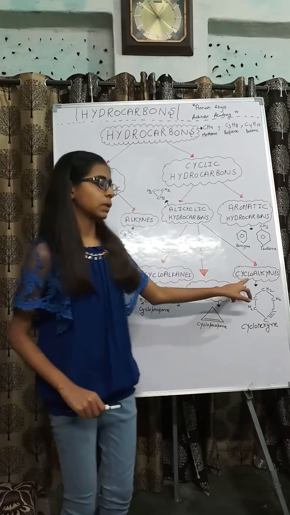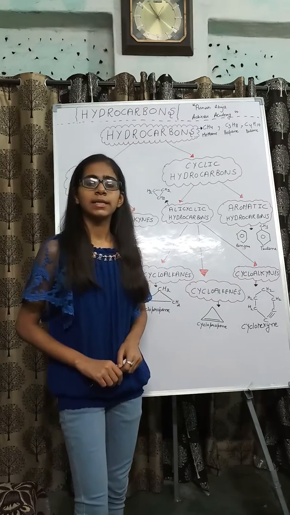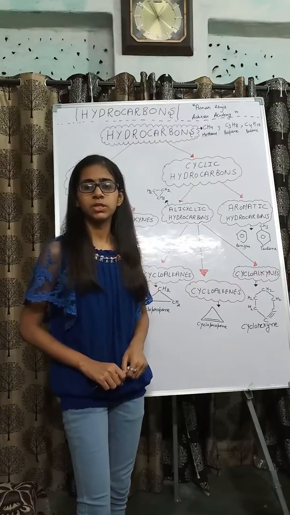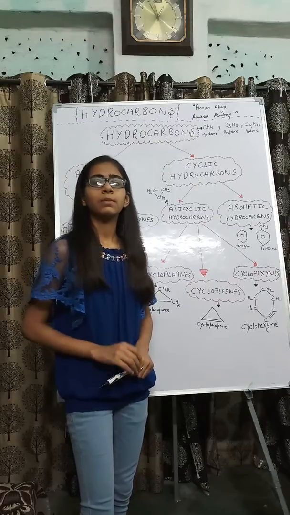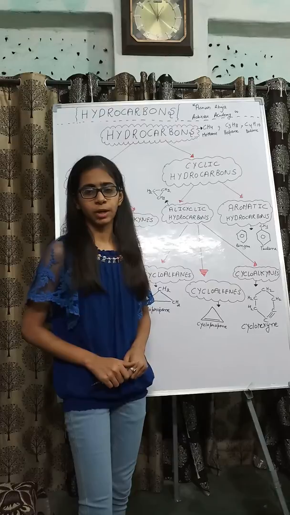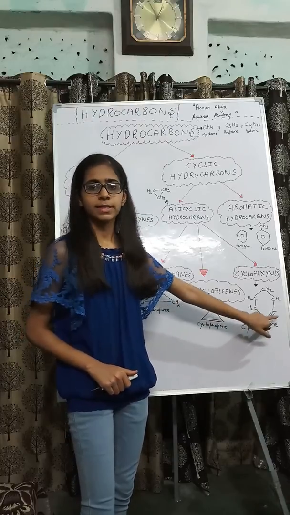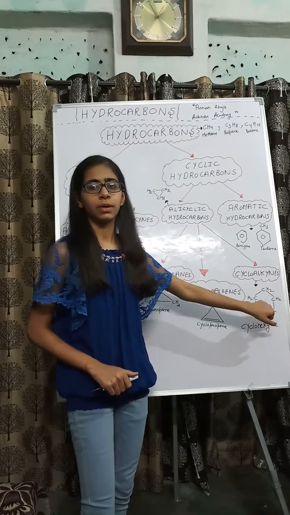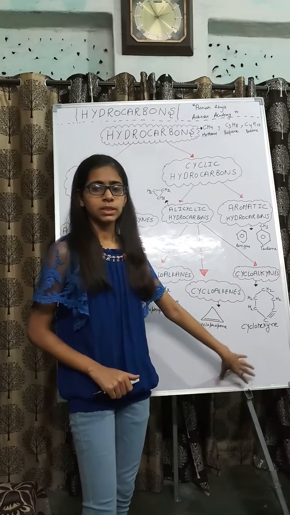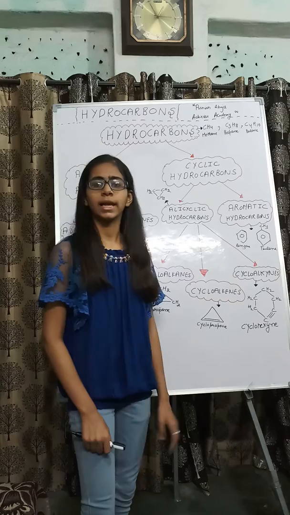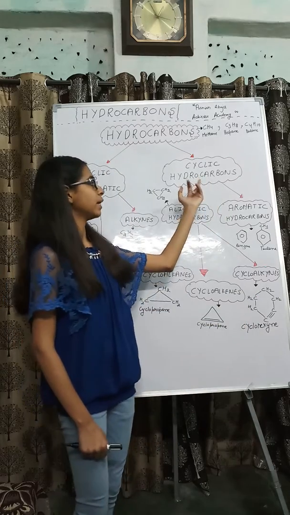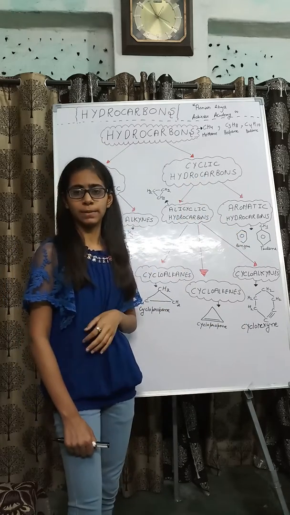Next is cycloalkynes. Cycloalkynes are those types of hydrocarbons which contain a triple bond in a closed chain of carbon atoms. For example, cyclohexyne, as this contains a triple bond between two carbon atoms. So this is an example of cycloalkyne. Next type of cyclic hydrocarbon is aromatic hydrocarbons.